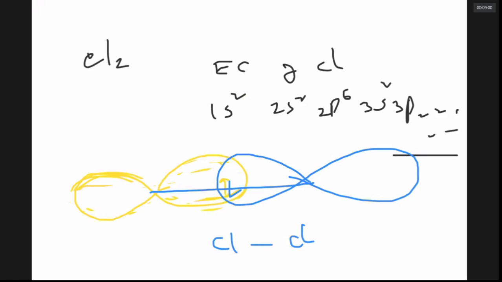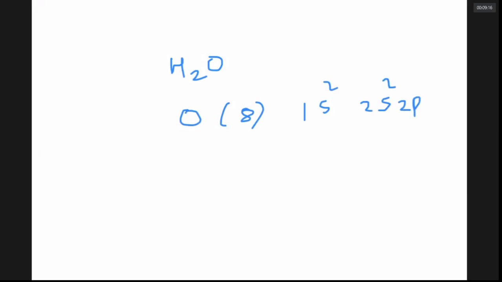Now let us look at the formation of H2O. In H2O, oxygen is the central atom whose atomic number is 8. Electronic configuration is 1s2, 2s2, 2px2, 2py1, 2pz1. If I draw the diagram, this is the 2s orbital that has 2 electrons not involved in bonding.